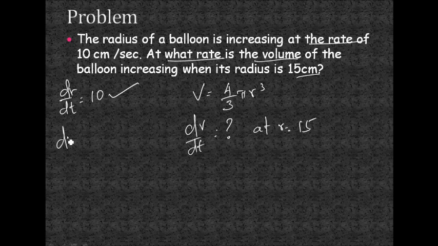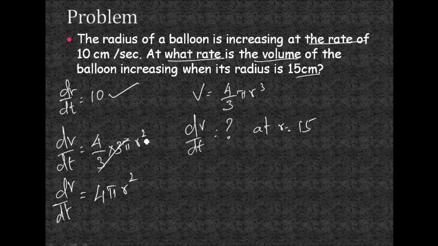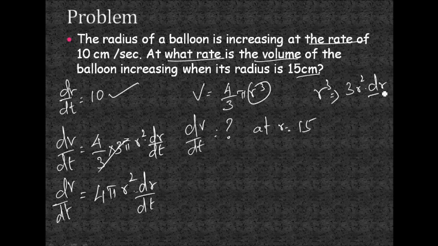Now you just find dV/dt, which is 4 over 3 times 3 pi r squared, which means 4 pi r squared. Okay, you missed something here because this is not with respect to r but with respect to t. So r cubed on derivative with respect to t would be 3r squared dr/dt.